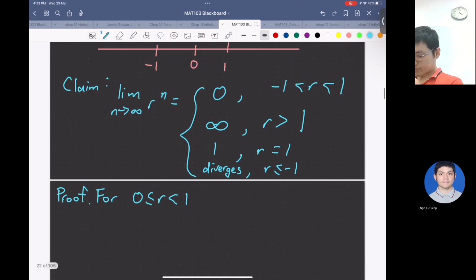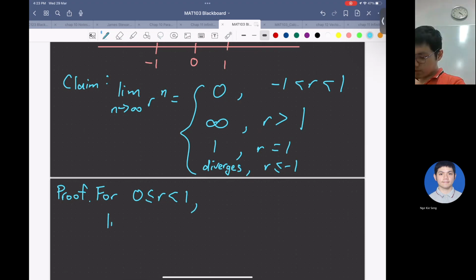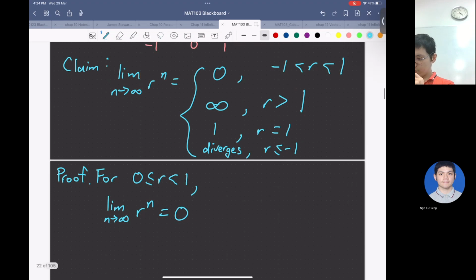The limit as n goes to infinity of r^n is 0. Does anyone agree with this? If you don't agree, I should write it in another form, maybe easier to read.